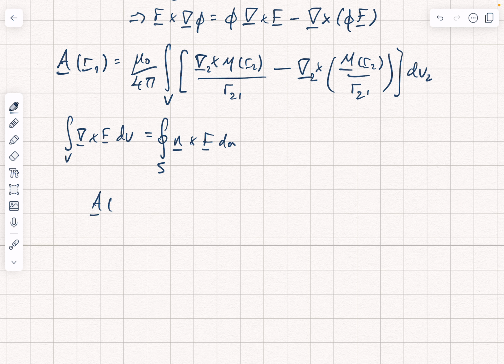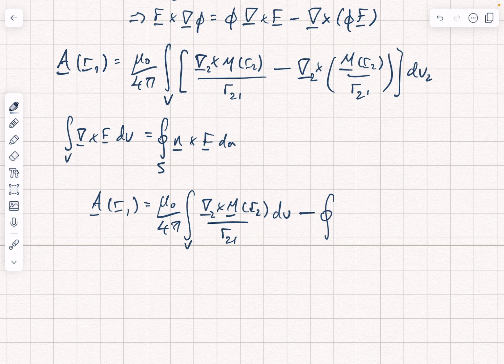So when we substitute that in, we see that we have A at point r1 is equal to mu naught over 4 pi times the volume integral of the curl of m at r2, and that's the curl with respect to 2, divided by r21 dV, minus the closed surface integral of, actually I need to put the prefactor there, mu naught over 4 pi closed surface integral of n crossed with m at r2 divided by r21 dA2, so that's over the surface.